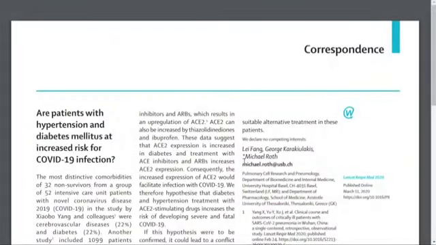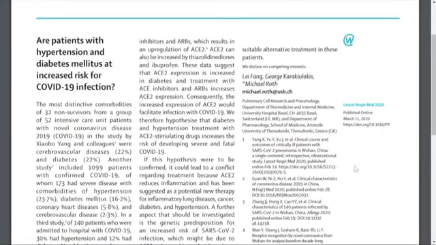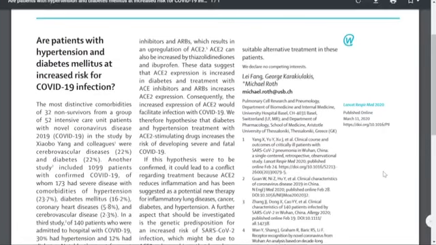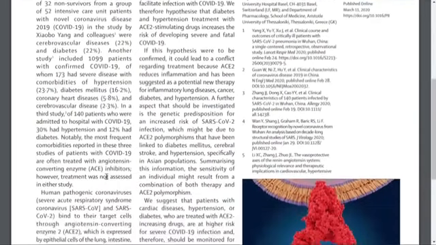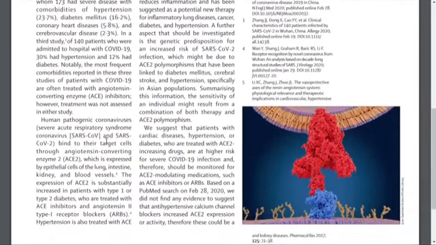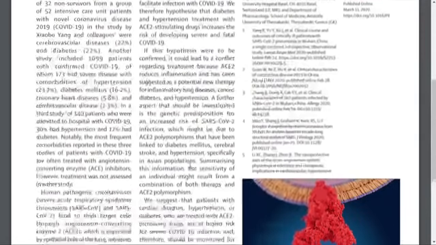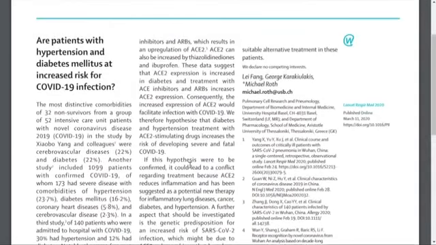So here is an article that was sent to the Lancet, published on March 11th, 2020. And the question is, are patients with hypertension and diabetes mellitus at risk for COVID-19 infection? And they talk about the incidence of cardiovascular diseases. They talk about the SARS-CoV virus and SARS-CoV-2 and the ACE2 protein, which is the receptor for this.